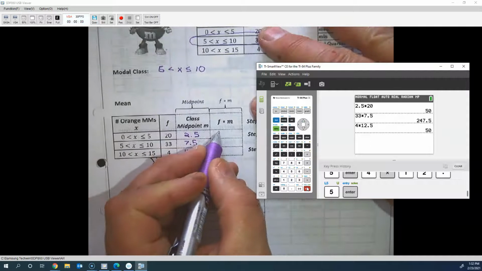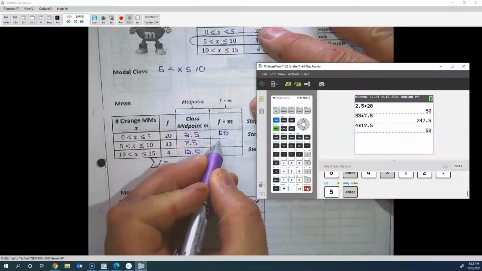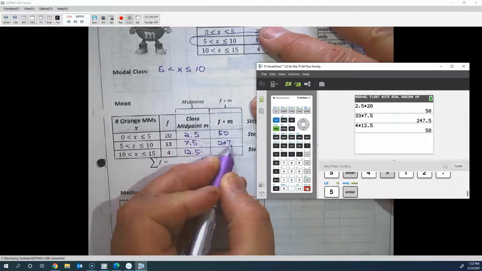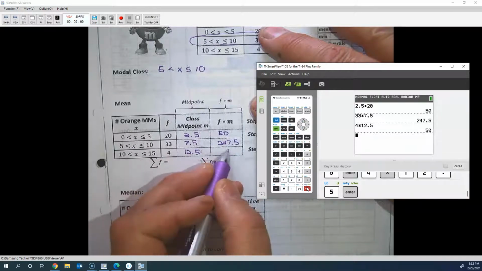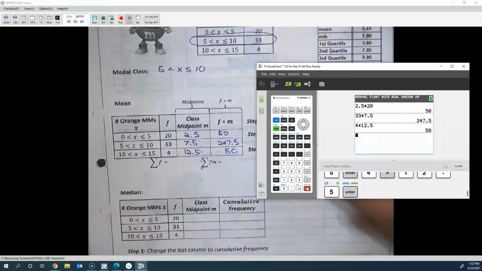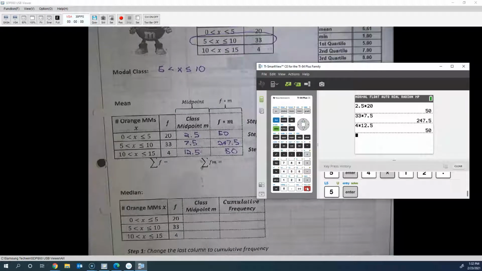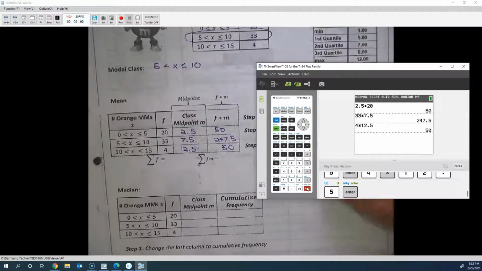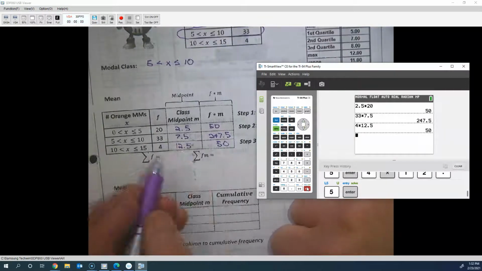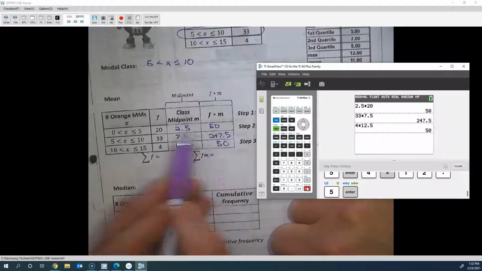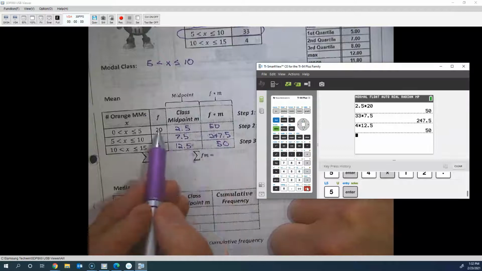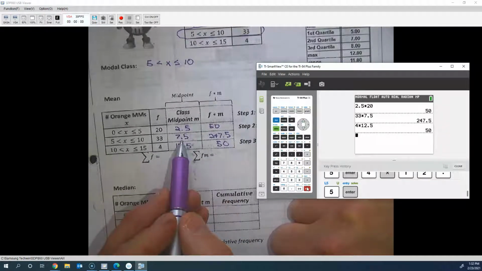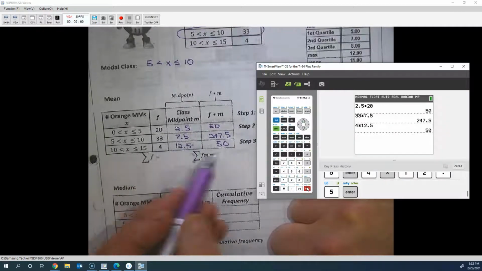Okay, so that's what I get here. So this was the sum of the 20 2.5s, the sum of the 33 7.5s.